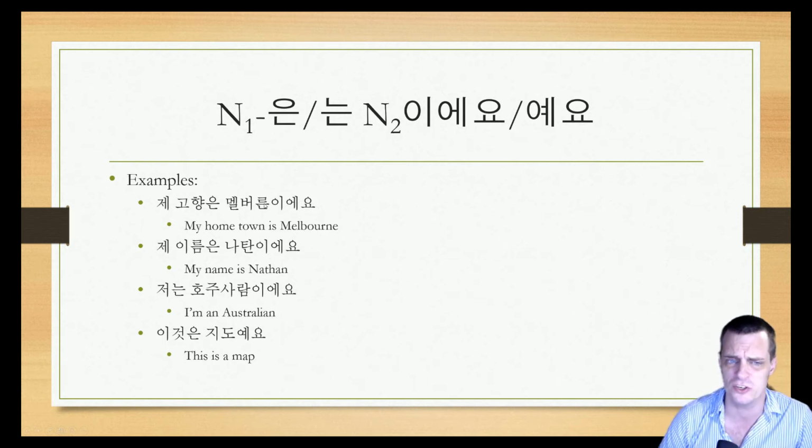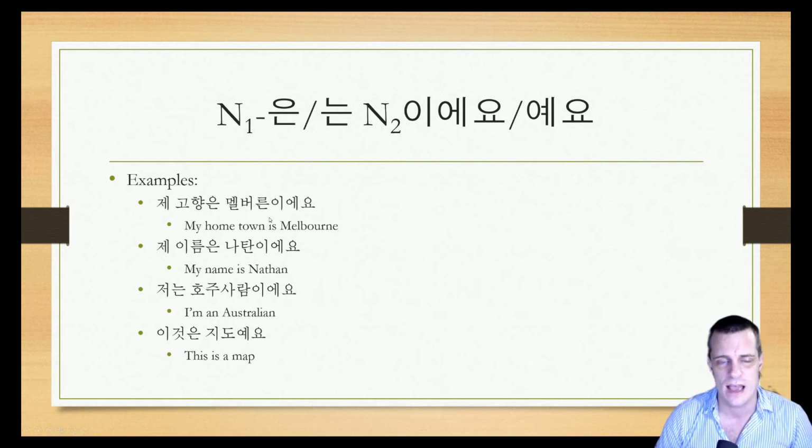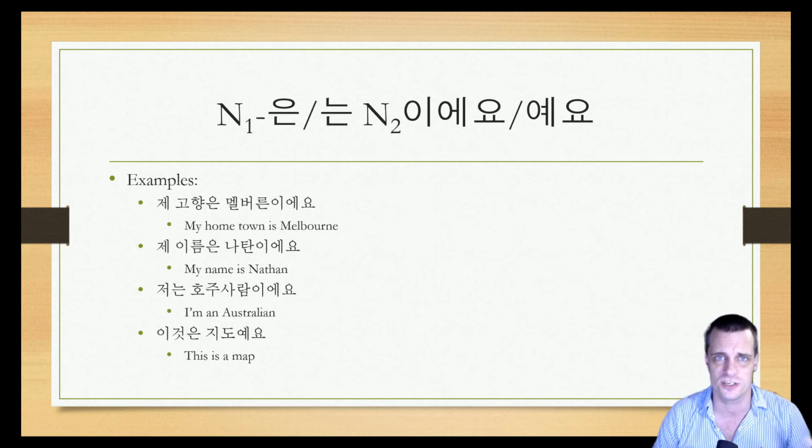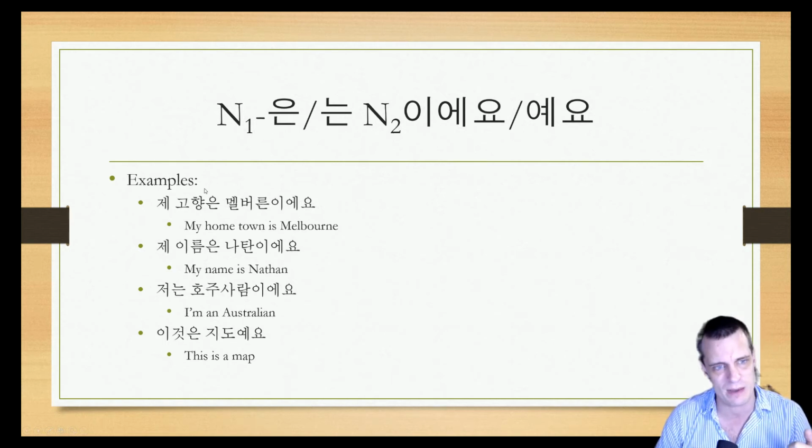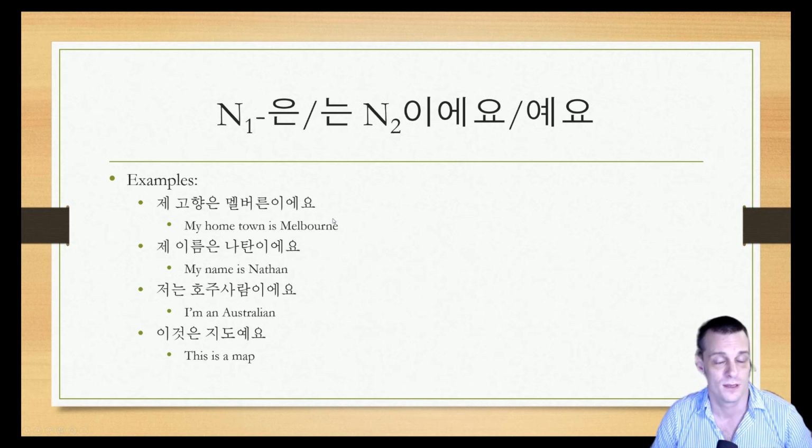So in your case, the part to change is this part here. So insert your hometown. And to look at once again the definition of what this means, my hometown, or about my hometown, and you'll learn more about what this particle here specifically means, but about my hometown is or is equal to Melbourne, which is actually true.